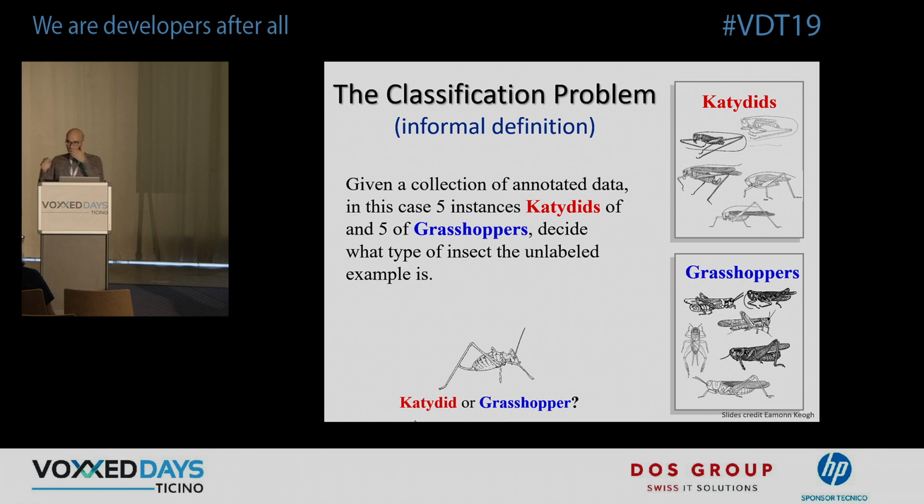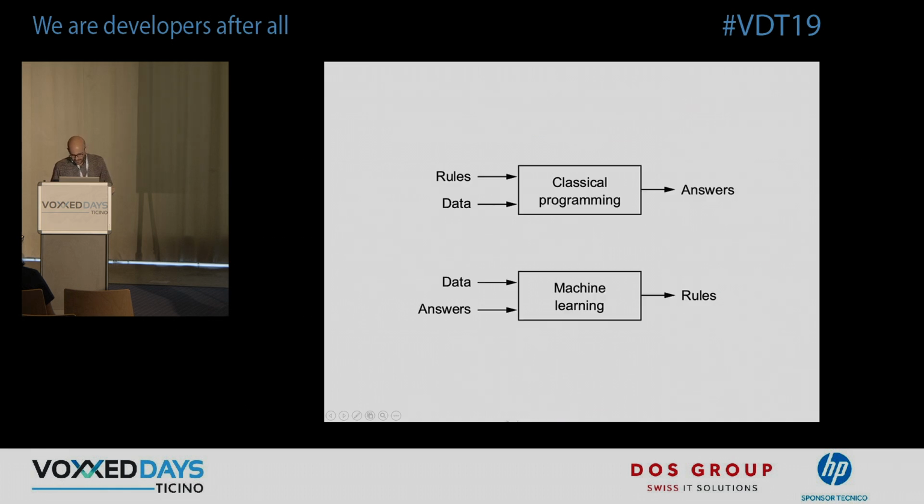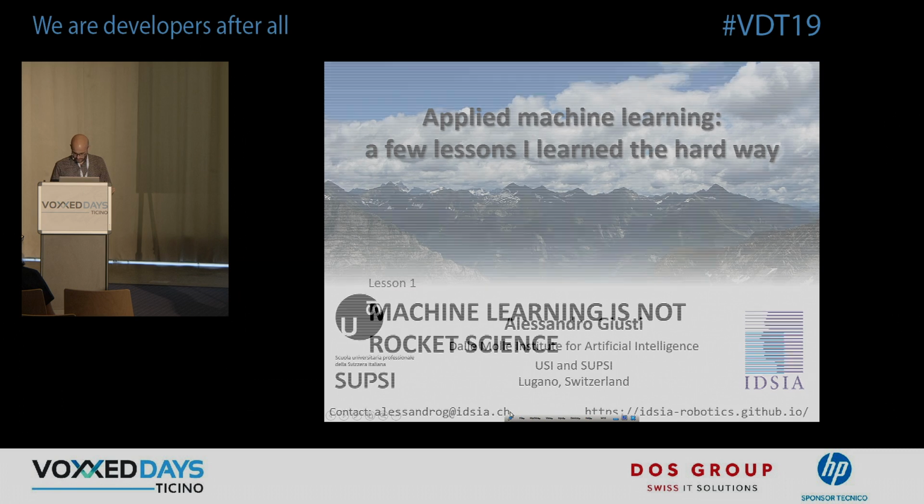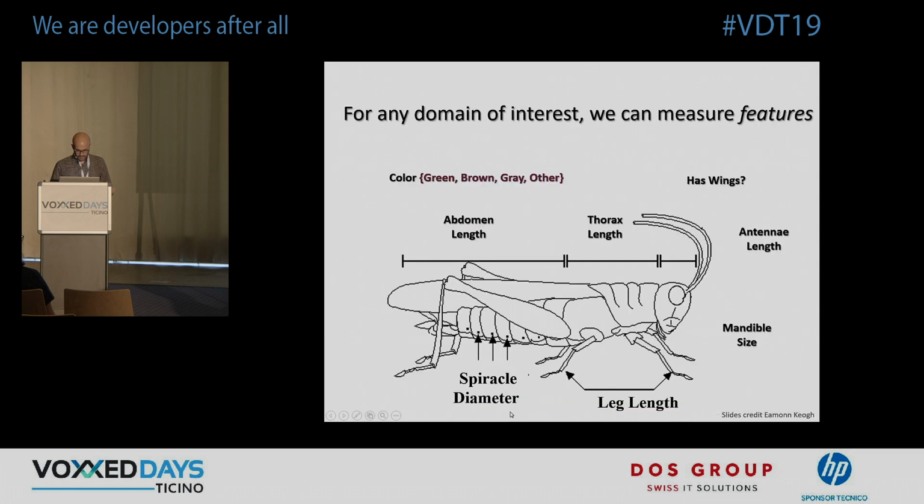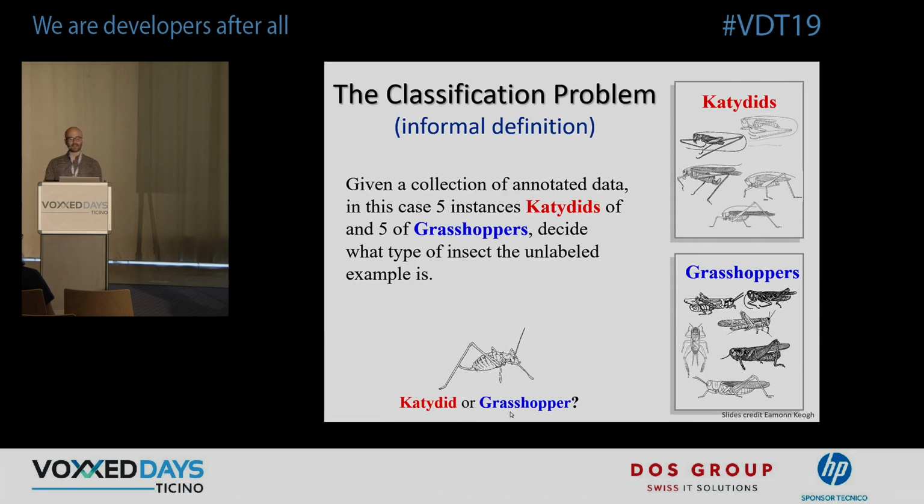And in order to show you a bit more practical example, we are going into exactly the depth of machine learning here in a very graphical and simple way. So I'll assume that you have the task of classifying these insects, types of grasshoppers.